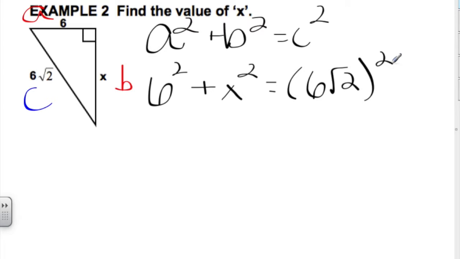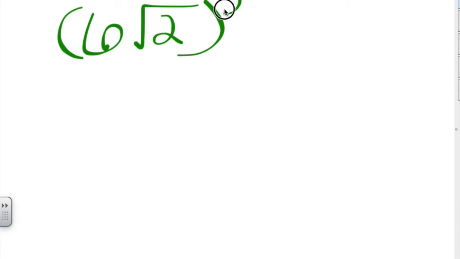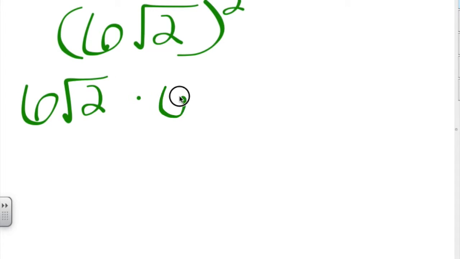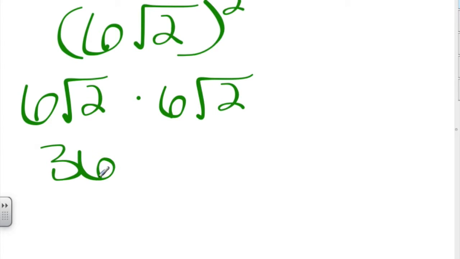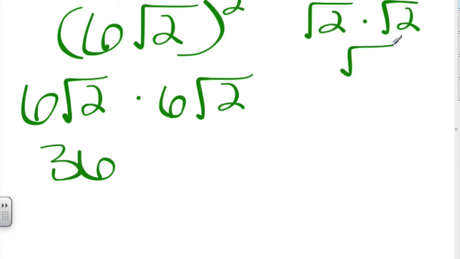Now, before we go any further, I want to talk about how we square this term. So I'm going to add a page here. And I'm just going to work on 6 square roots of 2 squared. What that means is 6 square roots of 2 times 6 square roots of 2. So I know I have 6 times 6, which is 36. And the square root of 2 times the square root of 2 is the square root of 4, which is really just 2.